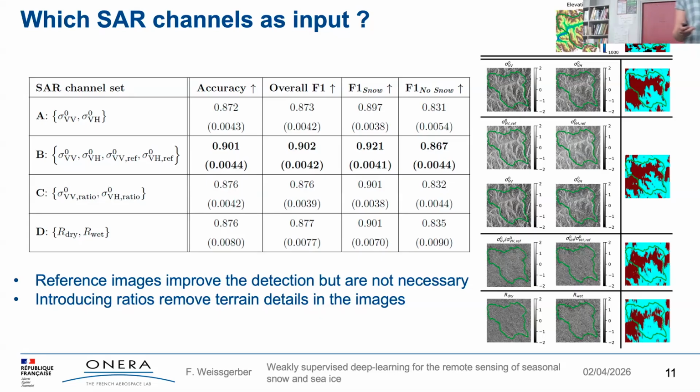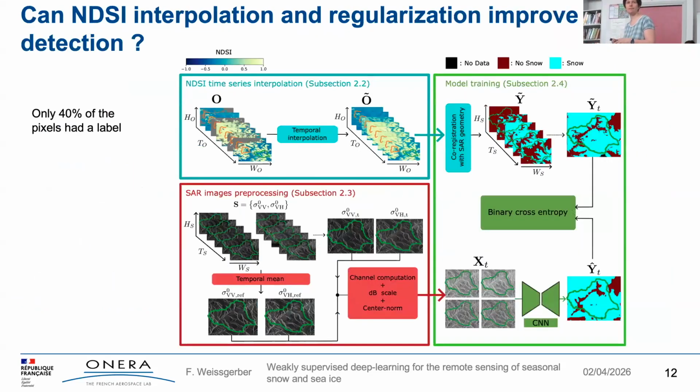And if you look here at the images, basically when we compute the ratio, generally it's nice when you want to apply a simple threshold, because you remove all the topography effect of SAR images. But we think that the topography really helps our U-Net to manage the detection of the snow. So inputting the ratio didn't really help in that case.